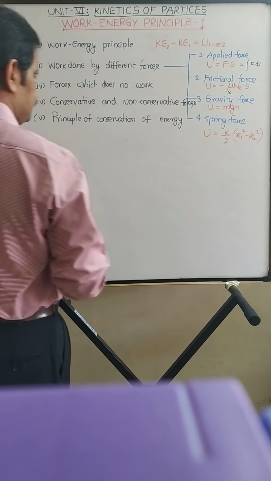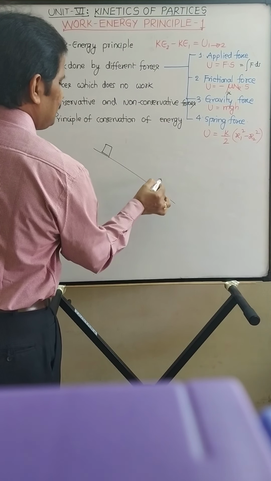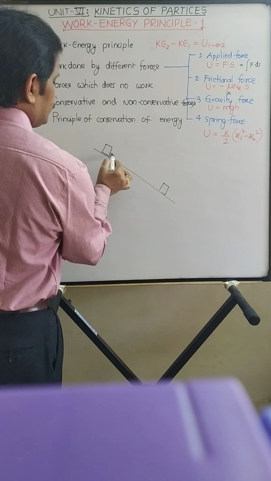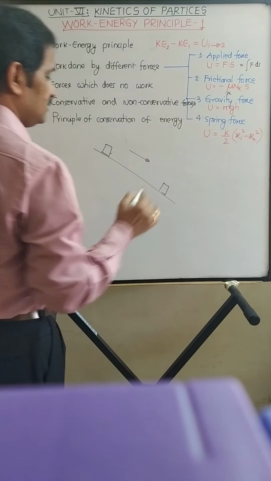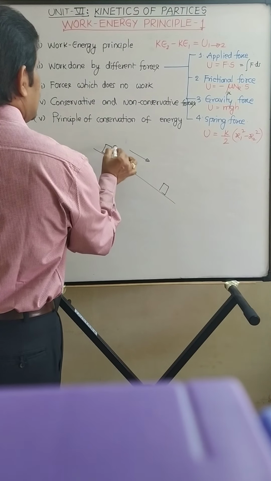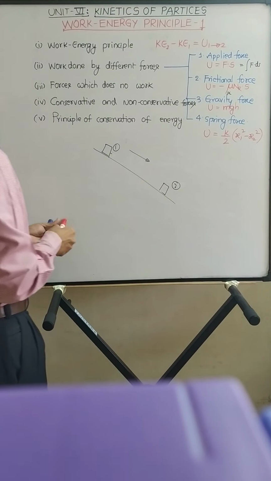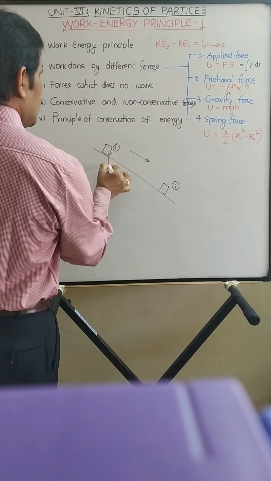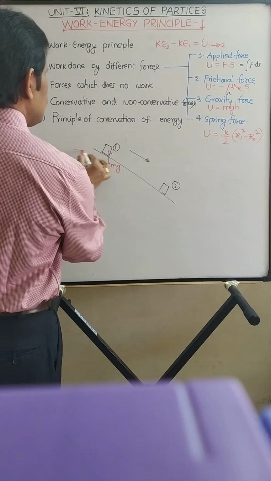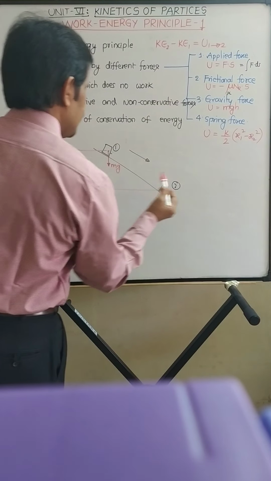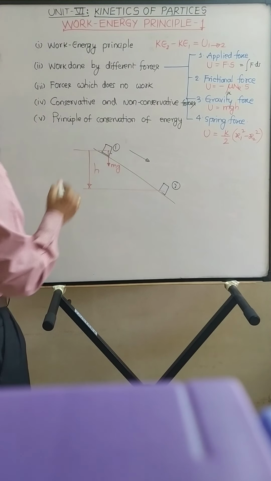Suppose a body is sliding down the plane, so it is having displacement along the plane. Say it is position 1, position 2. The gravity force is acting vertically downwards, and the vertical displacement from position 1 to 2 is say h.